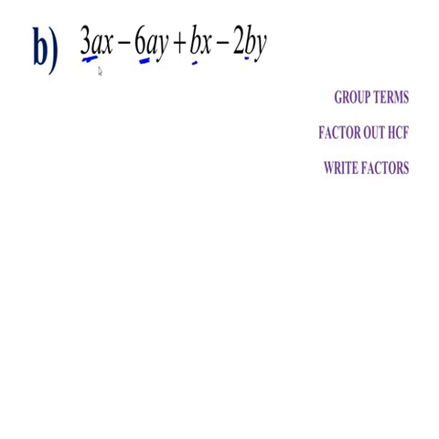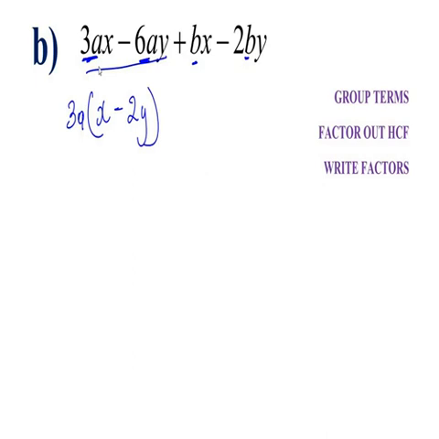So let us now use factorization by the highest common factor and see if we end up with a common binomial. In the first 2 terms, I can factor out 3a. 3a into 3ax gives us x. Then 3a into minus 6ay gives us minus 2y.